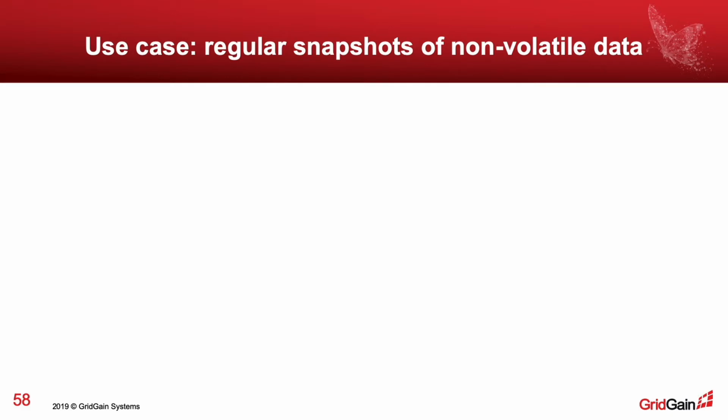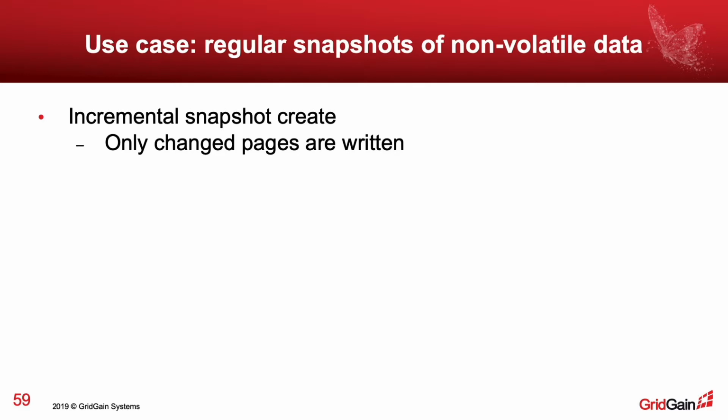Let's proceed to optimization and to the case where you have a big amount of non-volatile data. We have an incremental snapshot option for that, and when you execute an incremental snapshot, only pages that were changed since the last regular snapshot will be written. It's achieved by special tracking pages, so there is a kind of memory overhead.